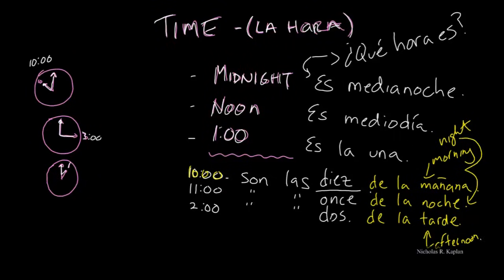Well, let's say that maybe instead of being 10 o'clock, it's 10:20. And instead of 3 o'clock, it could be 3:15. And instead of 1 o'clock, let's make it 1:30. And to do that, we will just say y, and.